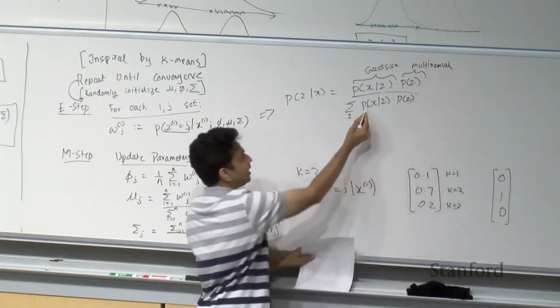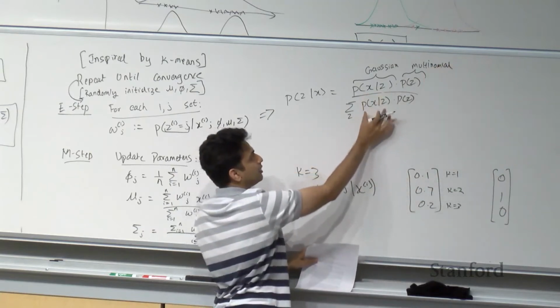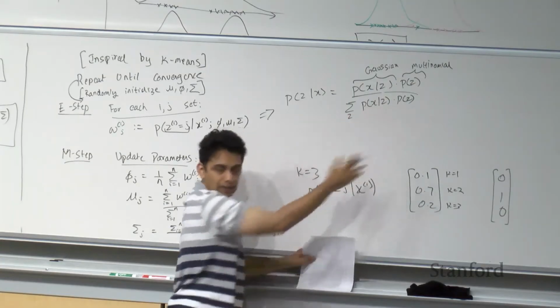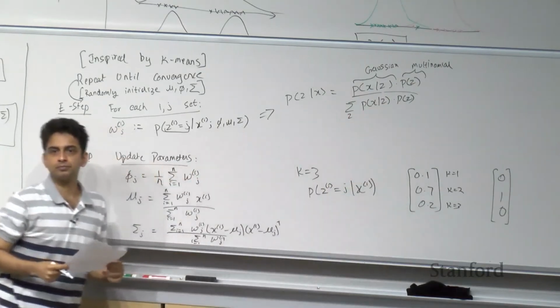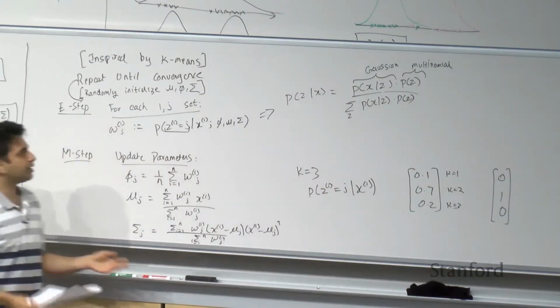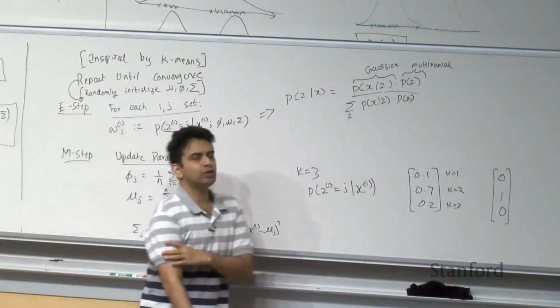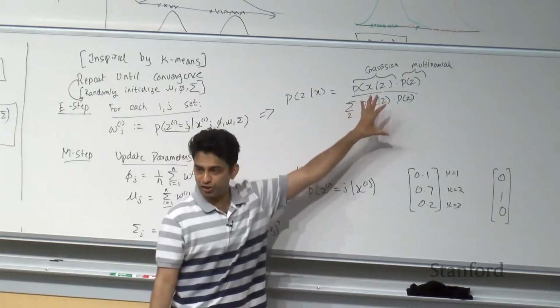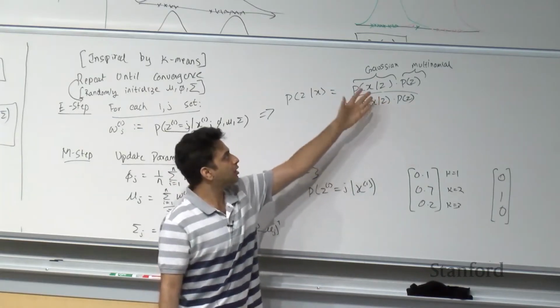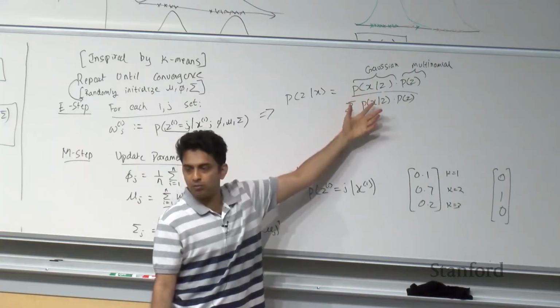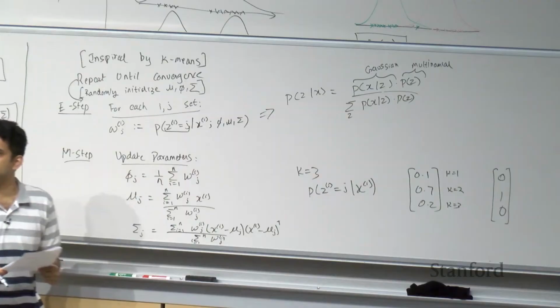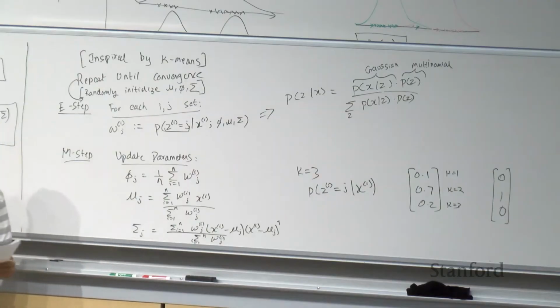In the denominator, it is the same terms, Gaussian and multinomial, but you sum over all the classes. And just the way you showed it in homework 1 for GDA, where this took the form of a logistic regression, here you can show that it takes the form of a softmax. It's a very similar calculation. Any questions?